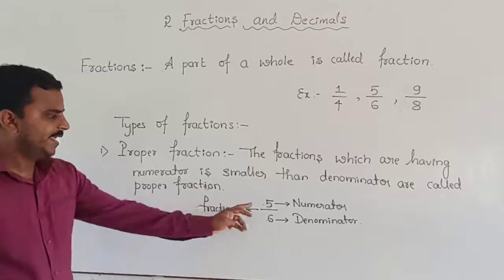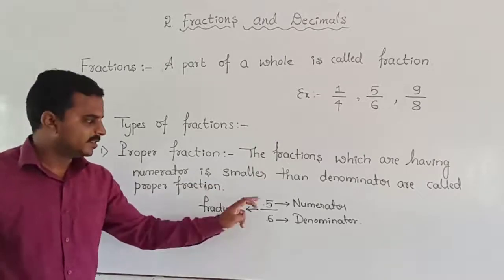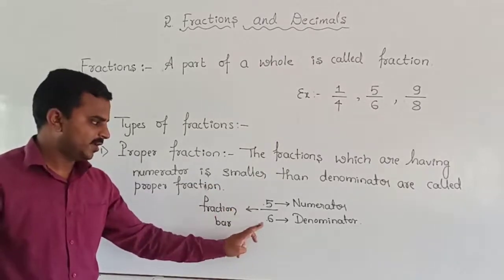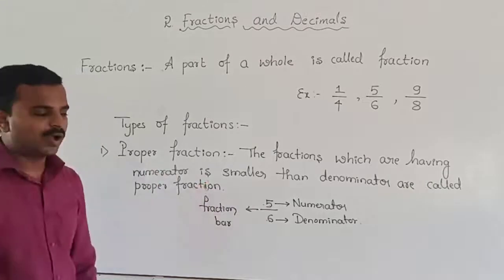You can see this example, 5 by 6. The numerator is smaller than the denominator. This is an example of a proper fraction.